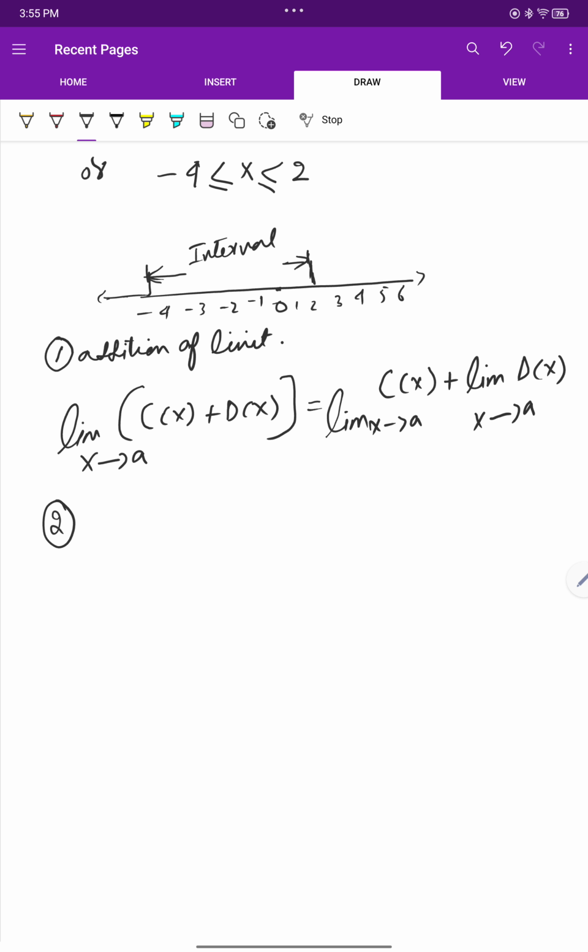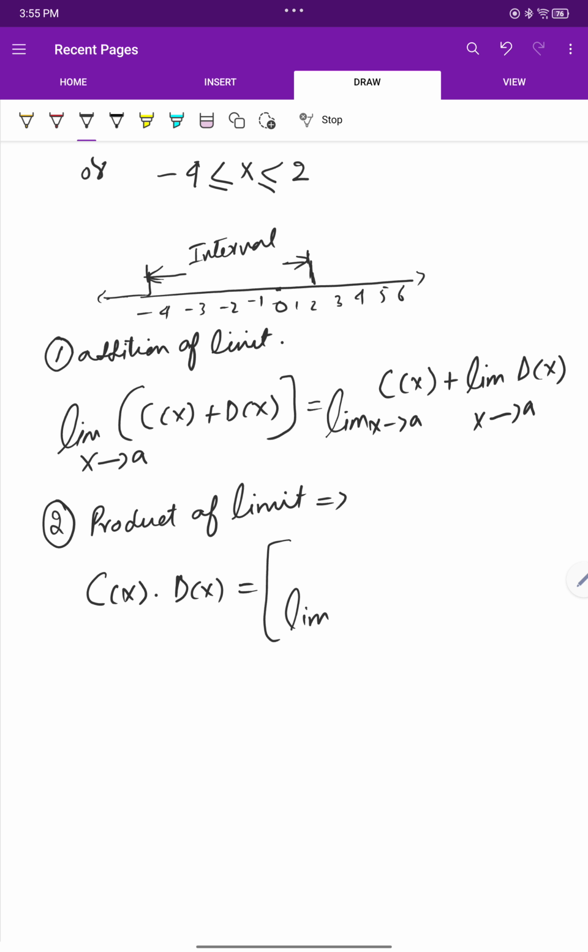If you want to multiply, it is the product of limits. If you have two, three, or four functions, like c(x) times d(x), you can write this just in brackets: limit x tends to a, first you apply it to c(x), and then you close the bracket.